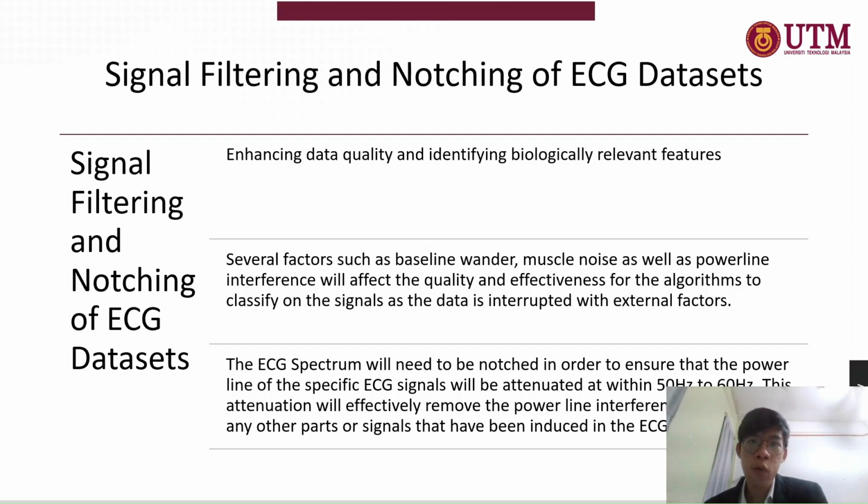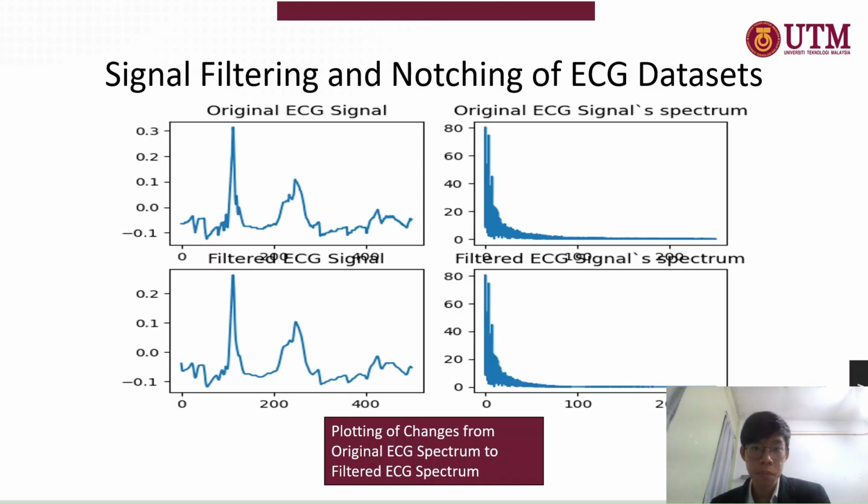This attenuation will effectively remove all the power line interference discovered in these ECG datasets, as it will not affect any other parts or segments included in these ECG signals or in the whole ECG datasets.